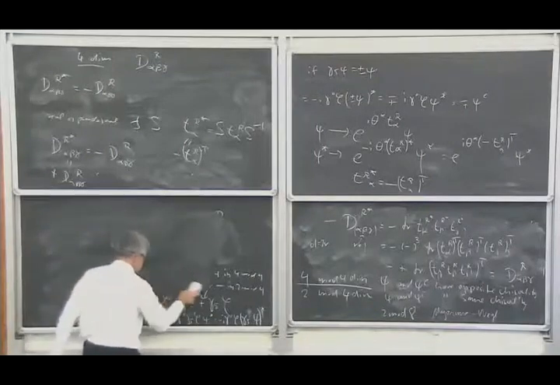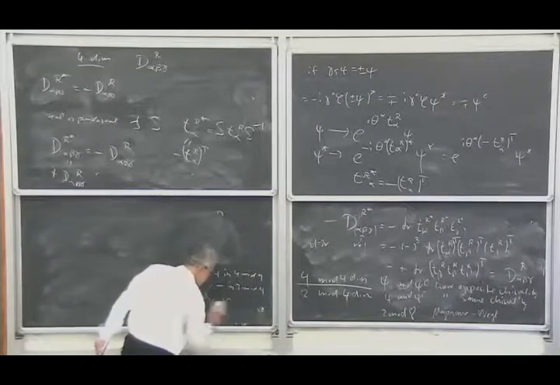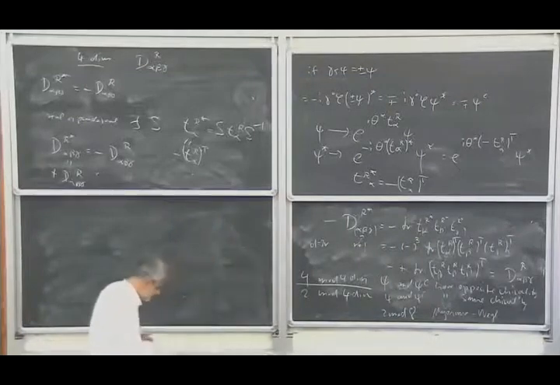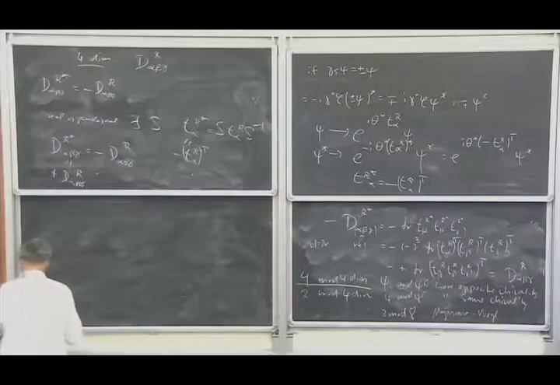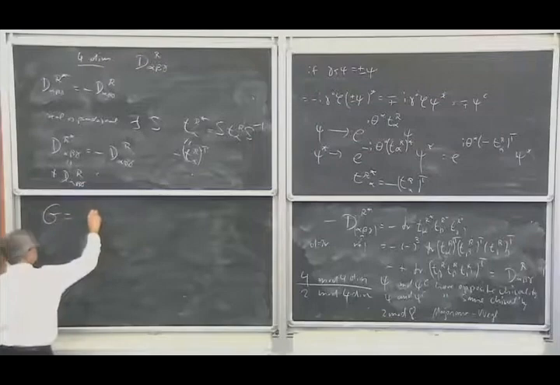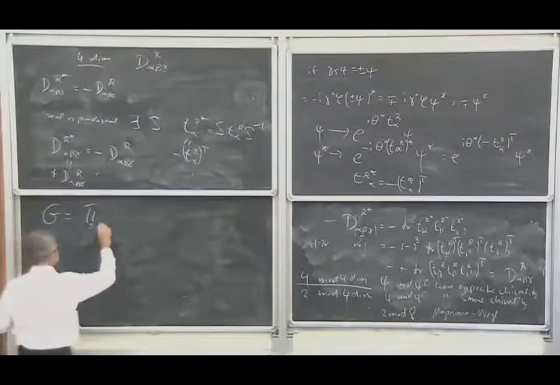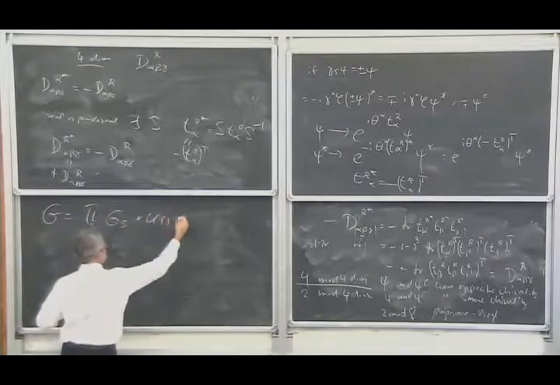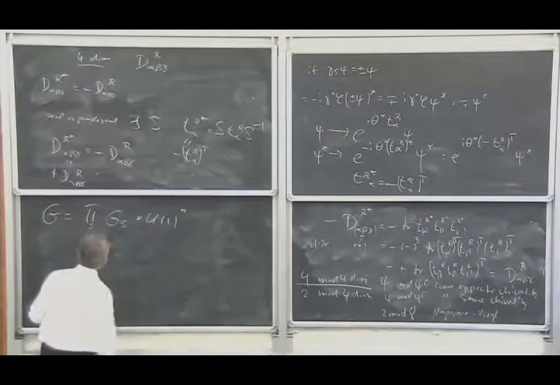Well, in gauge theories, we are almost always interested in compact groups. Okay? And then our gauge group is always a product of some simple groups, G_s, and a certain number of U(1) factors, N. Okay?